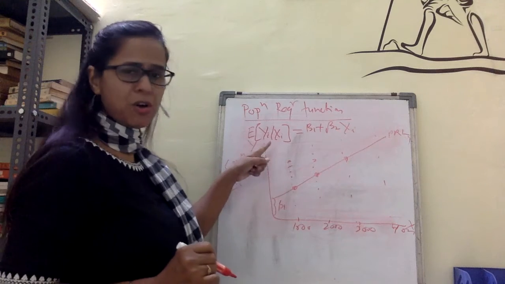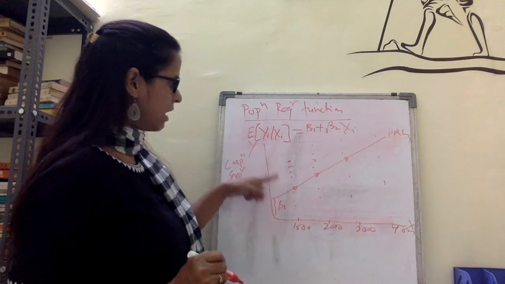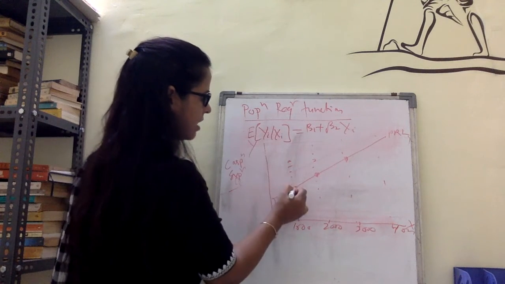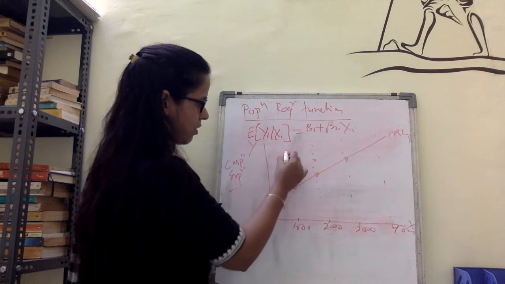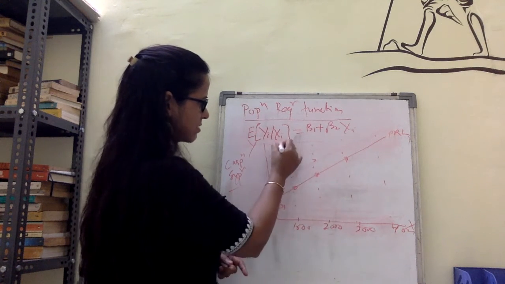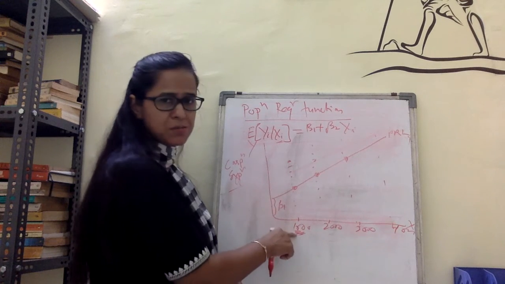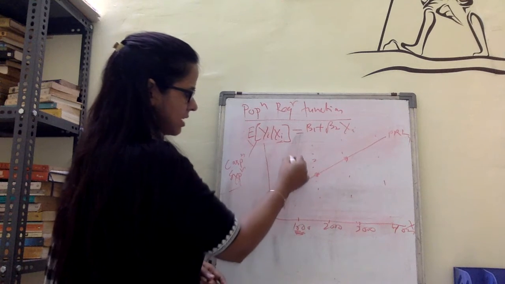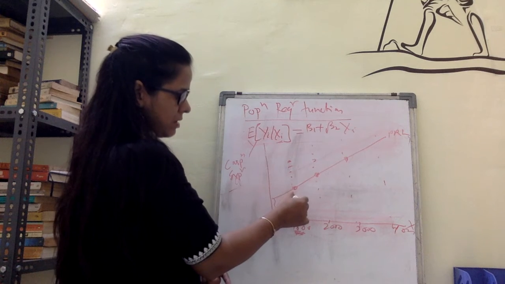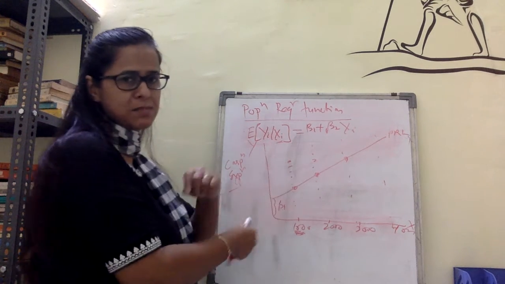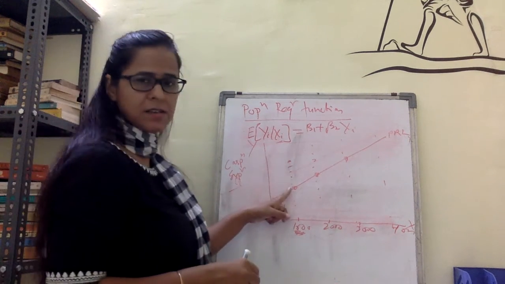So I hope now you understand this definition. The expected value of y is this for these families whose income, this x, is given, this for 1,000 rupees of income, the average consumption expenditure of these families is this.